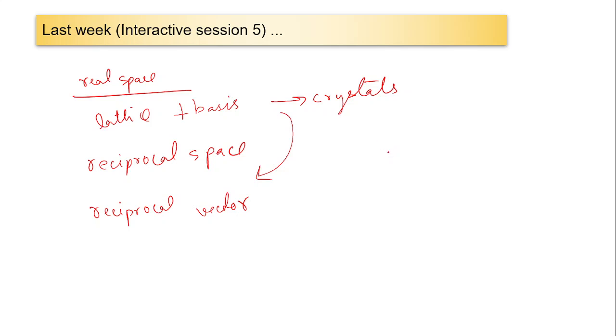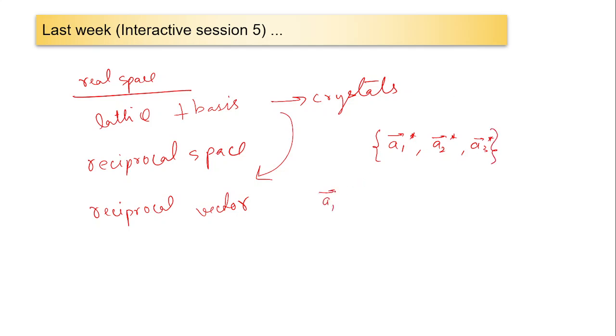Usually, if we don't bother about the constant, the magnitude, a1 star, a2 star, a3 star are the three reciprocal vectors in reciprocal space.